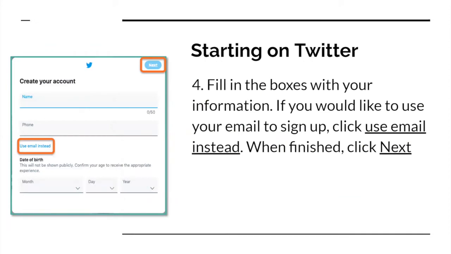And when you open Twitter, you will get the options of signing in or creating a new account. If you have already signed up, you can just fill in your username and password. You will get it open and you can use it.